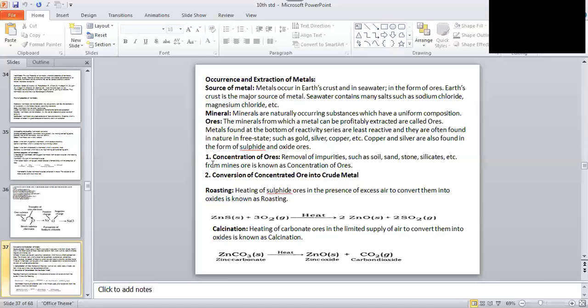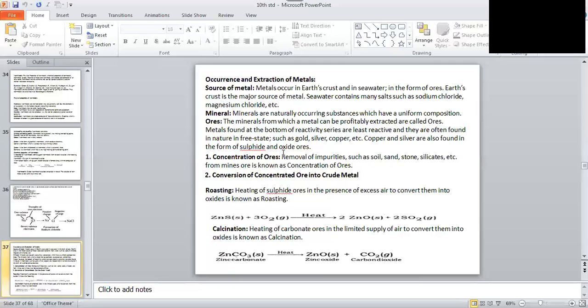Now, the first step in the extraction of metal is that a metal in the form of mineral and ore can be converted into pure metal. This process is called extraction of metals. Extraction involves, first, a step called concentration. Concentration means the removal of impurities.